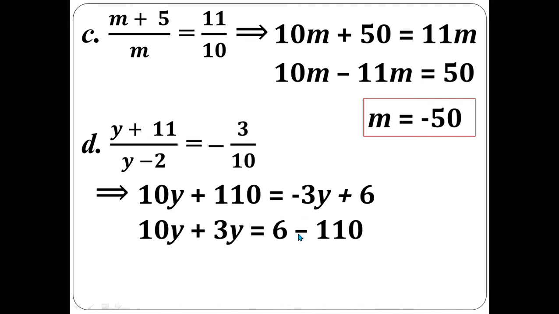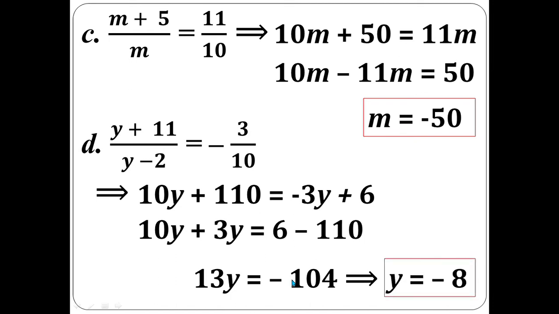So, bakit naging minus 110? From left side, positive siya. Kung i-transpose sa right side, magiging negative. So, simplify. 13y is equal to negative 104. Divide both sides by 13. Therefore, the value of y is negative 8.